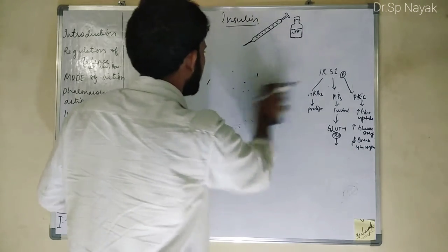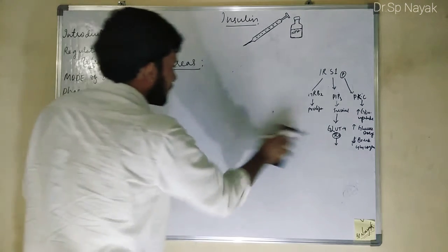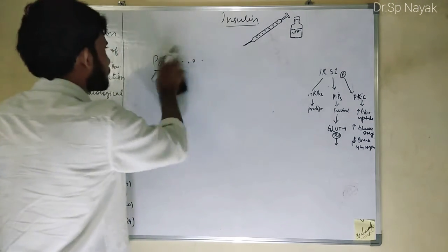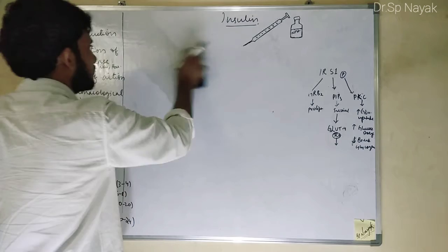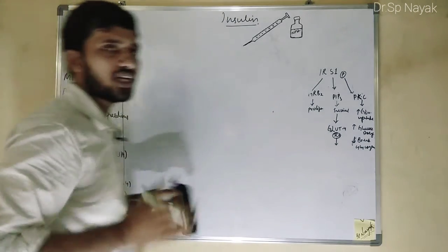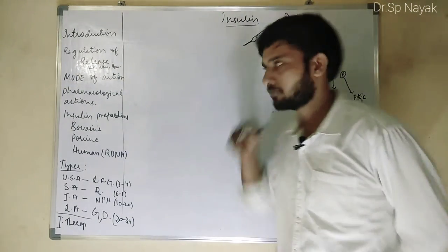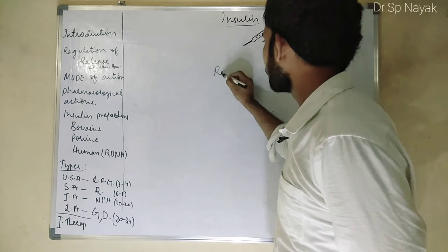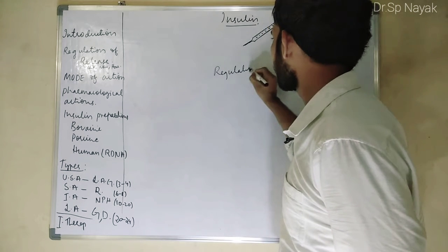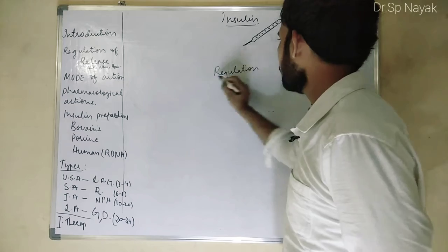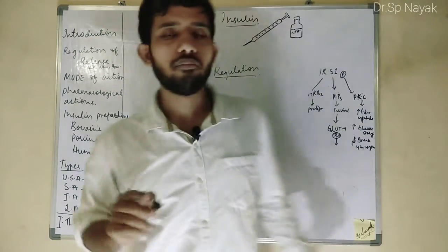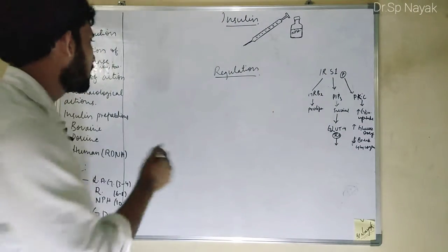So now let us see the regulation of insulin. How insulin is regulated in our body. Insulin is regulated mainly by 3 factors.